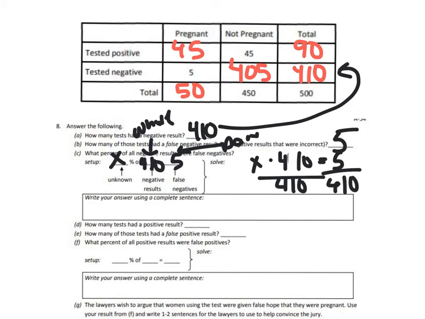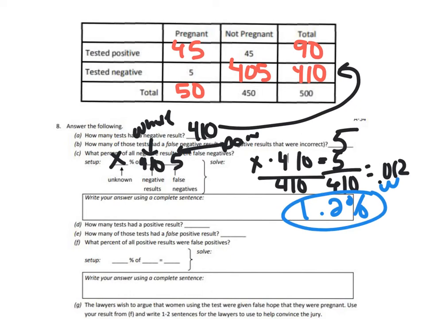So 5 divided by 410, not 410 divided by 5, gives me about 0.012. And if I move that over 2 decimals, that's about 1.2% for this.